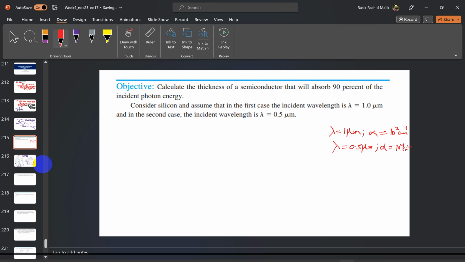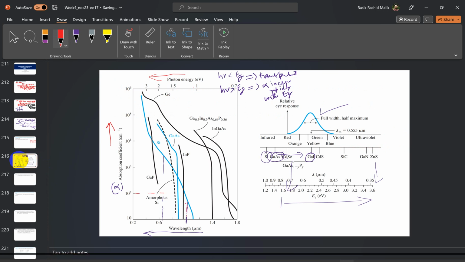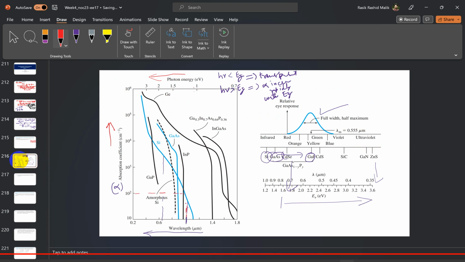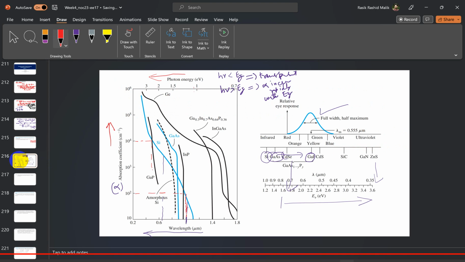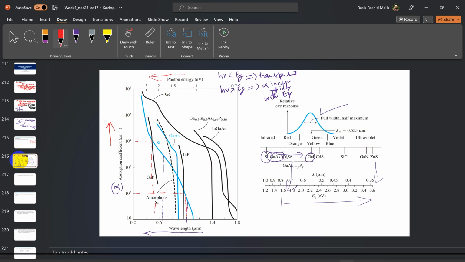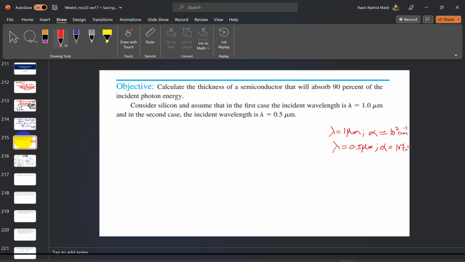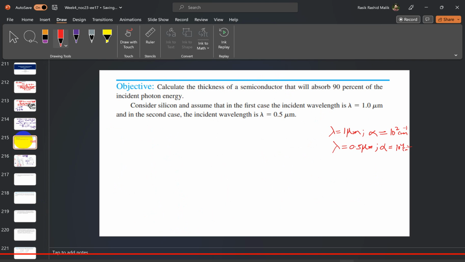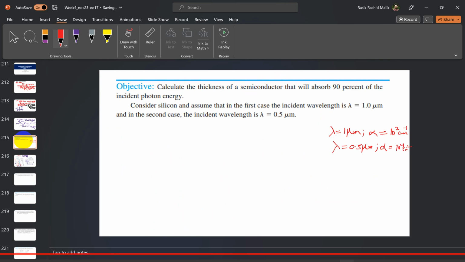We can get this from this diagram. Now we know the absorption coefficients, and we have to calculate the distance where 90% of the incident photons are absorbed.